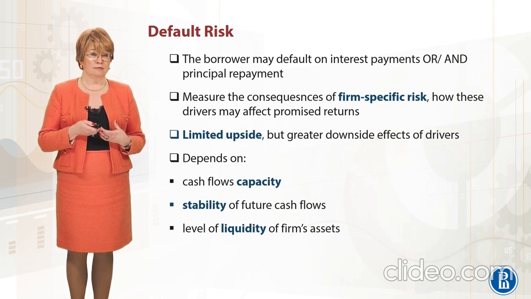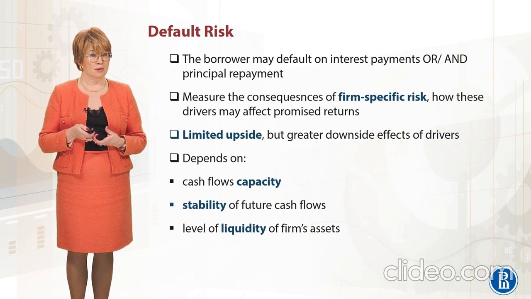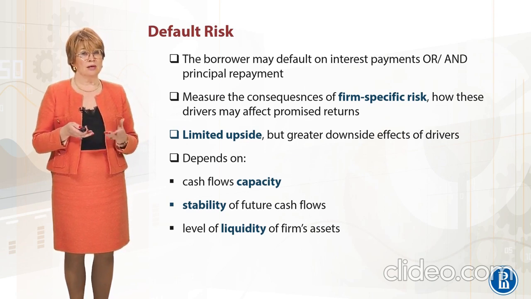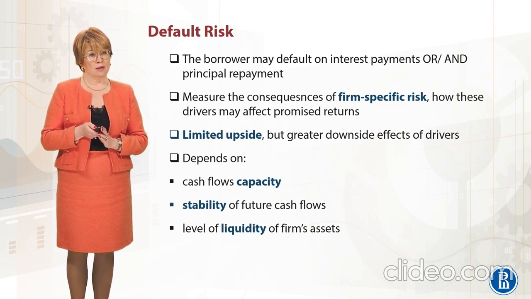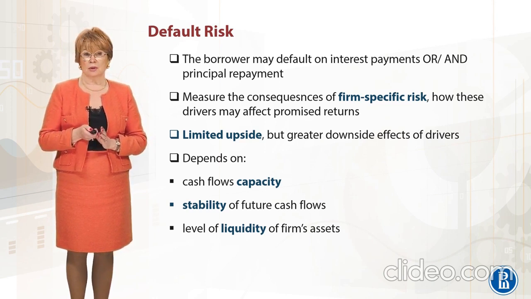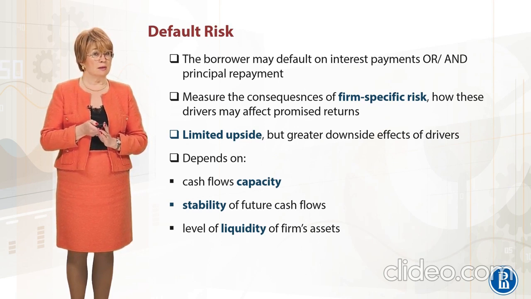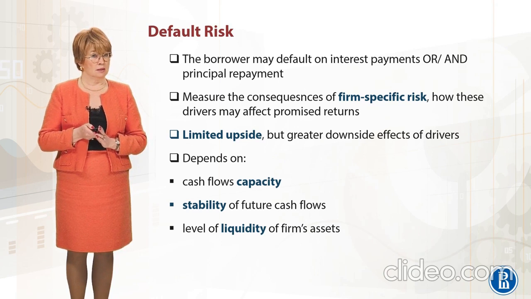And default risk is, of course, the result of firm-specific drivers of risk. These unique or specific features and drivers of risk may affect all the promised returns in case the company issues corporate bonds or has some bank loan still not redeemed.